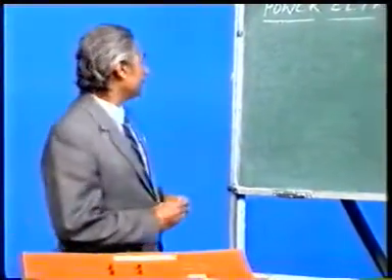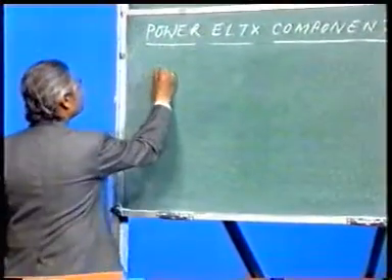Okay, thank you. Now before I go to the next component, that is Diac, I would like to explain an electrical circuit with the help of which you can also test the health of an SCR. The circuit is like this.